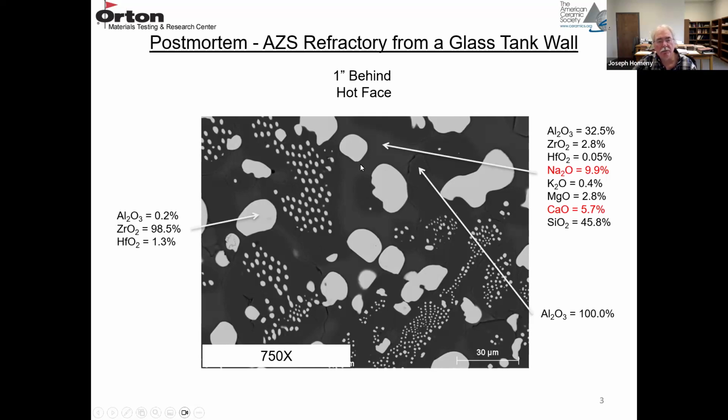And then the glass is there for the cushion for the monoclinic to tetragonal zirconia transformation. The glass is rich in silica. There's some alumina. Some zirconia is dissolved in that. But it's rich in Na2O, almost 10%, and CaO, almost 6%. So that's infiltrating through the glass matrix.